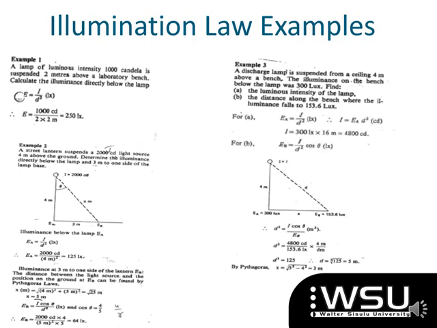So when I made D squared the subject of the formula, I could say it's equal to I cos theta over my EB, which I've been given as 153.6, and I know that my cos theta was equal to the 4 over D.